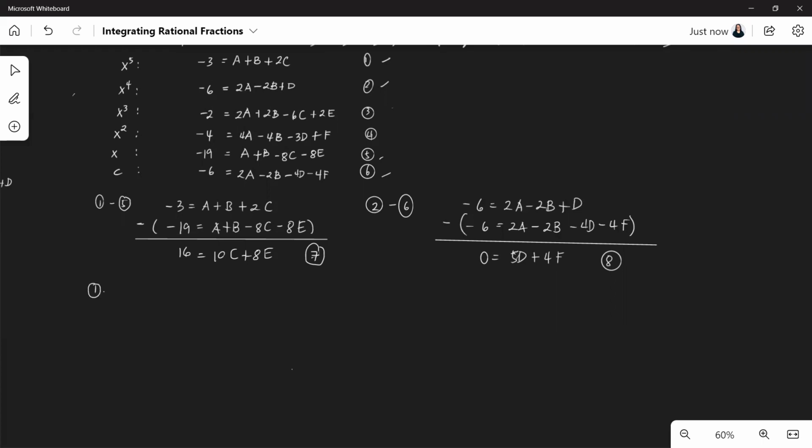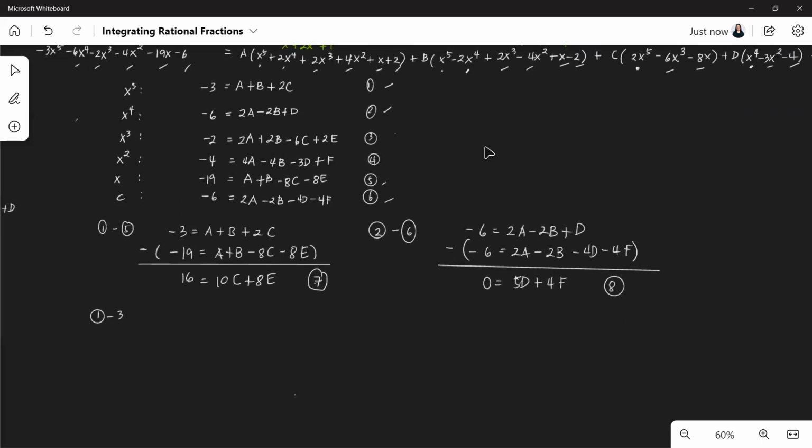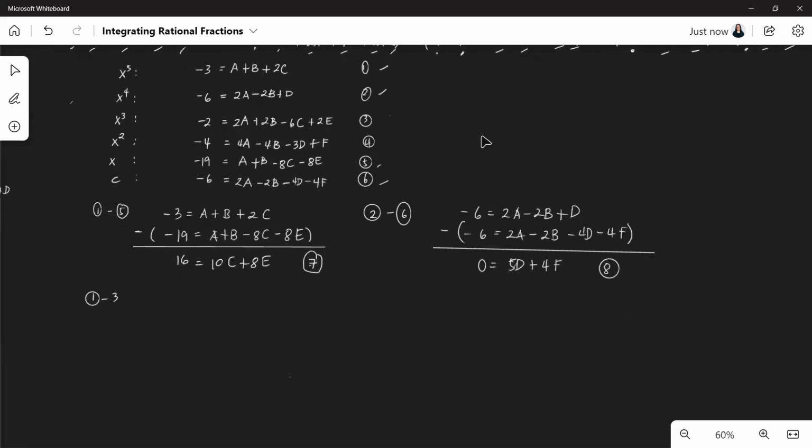Okay, 1 minus 3, but we need to multiply 1 first by 2 so that it becomes 2A plus 2B. Sorry. So I'll just put the result of multiplying equation 1 by 2. Negative 3 times 2, that's negative 6.